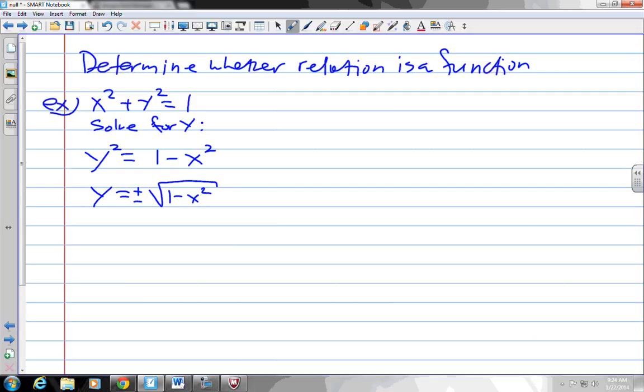And actually if you graph these two functions, the positive square root produces this graph. So it's a function of an upper semicircle. And if you graph the negative square root, it's a function of a bottom semicircle. So you still get your circle, defined as two functions separately. Well, it's not a function as a whole.